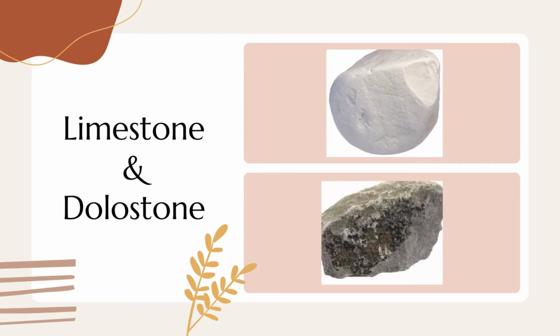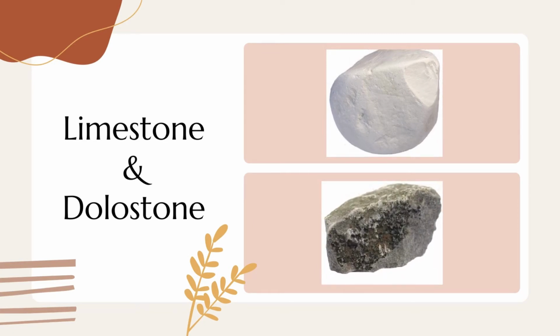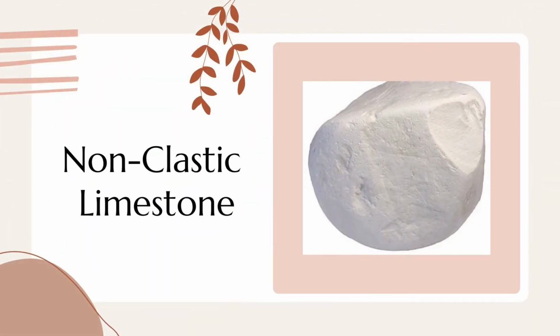Limestone and dolostone are the two primary forms of carbonate rock. Some carbonate rocks are not clastic at all.